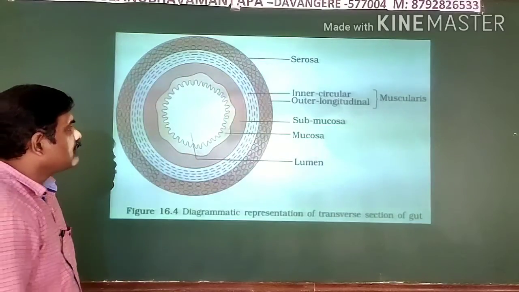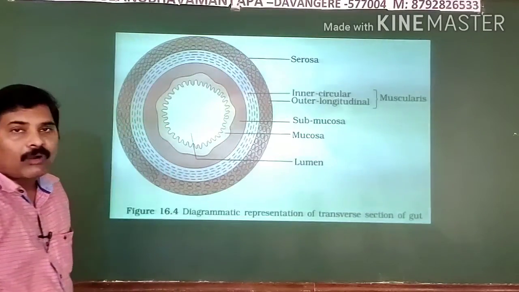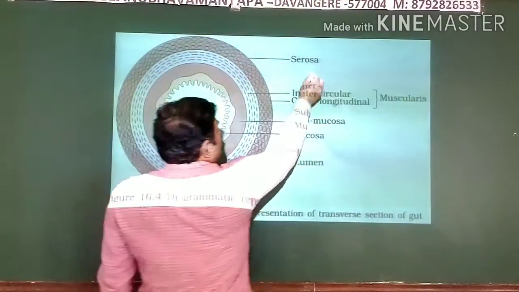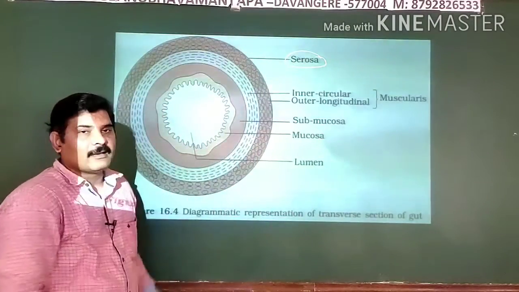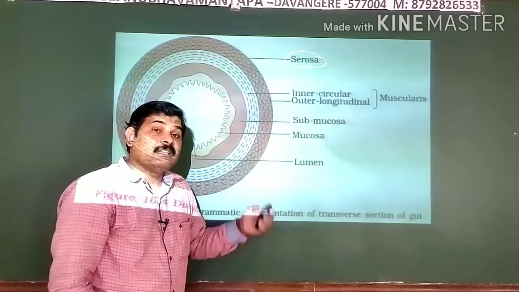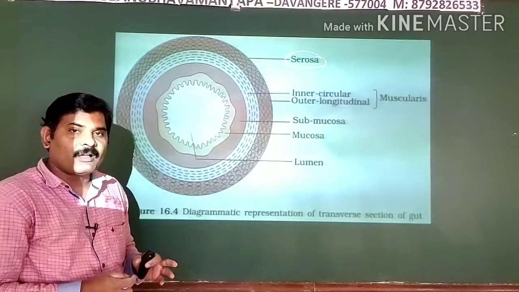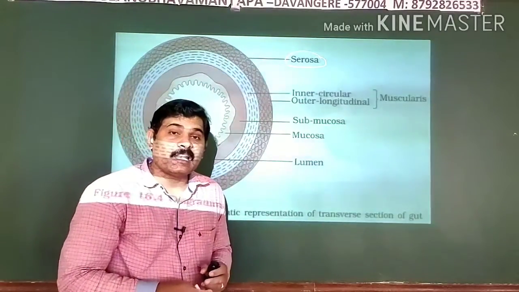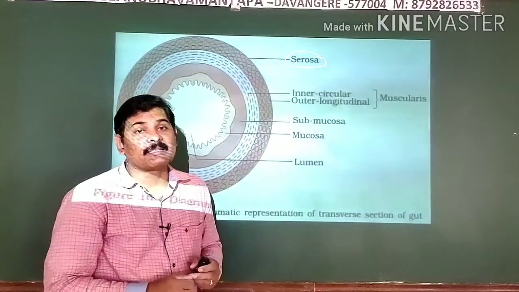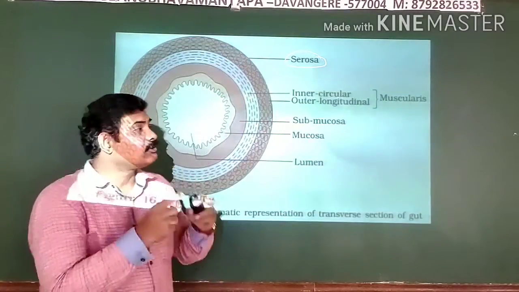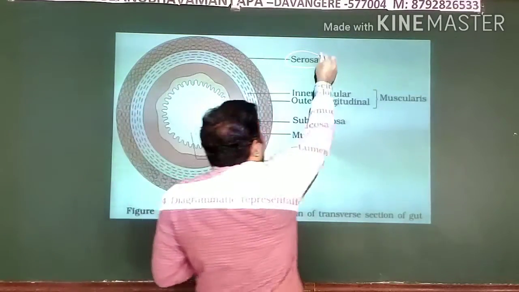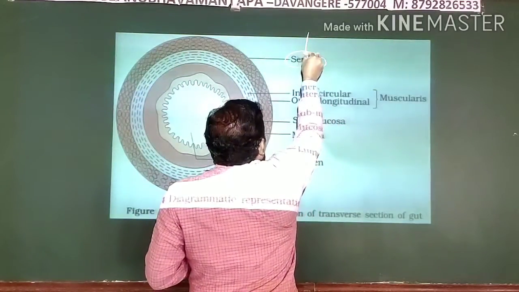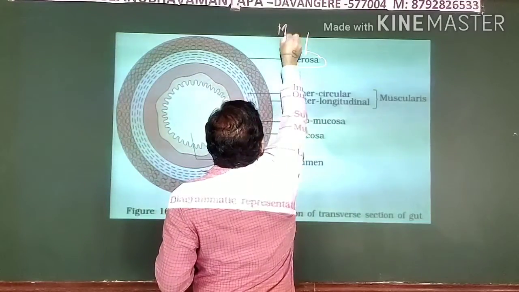As I said just now, the outermost layer of your alimentary canal is termed the serosa. It is a thin layer. A very interesting part is that the serosa is made up of mesothelial tissue as well as some connective tissue. These are the two types of tissues you can find within this.